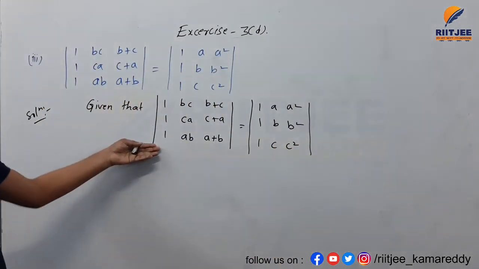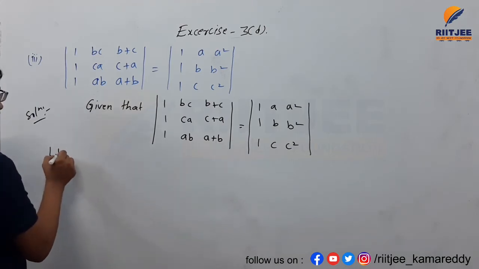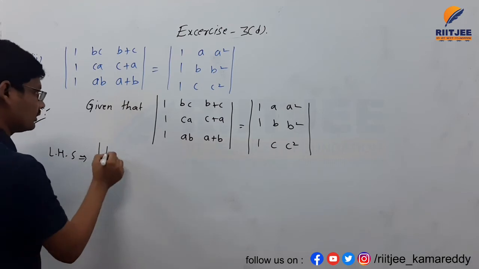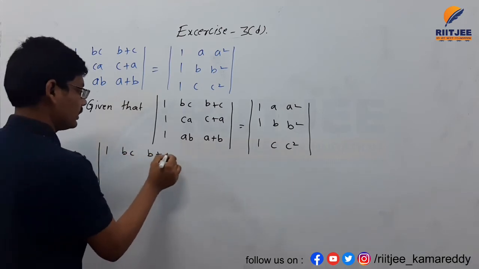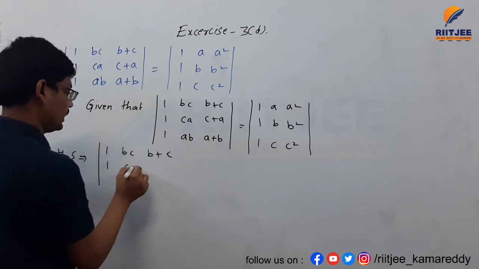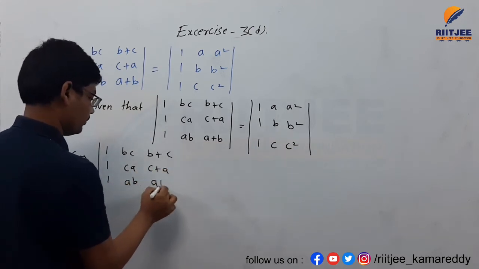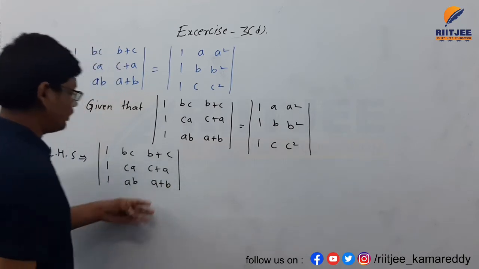And here I am taking LHS here. LHS is nothing but 1, BC, B plus C; 1, CA, C plus A; and 1, AB, A plus B.